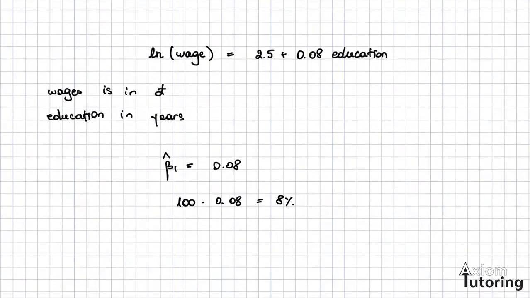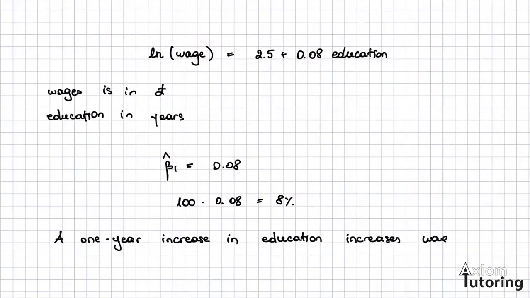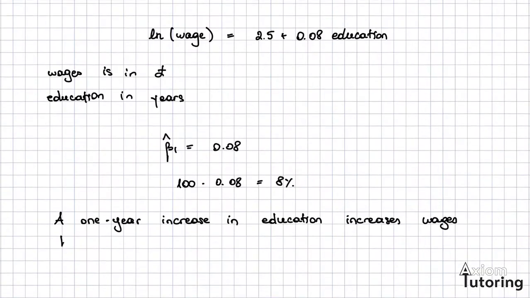So the interpretation in this case will be a 1-year increase in education increases wages by approximately 8%. Okay, that's the quickest and easiest interpretation.